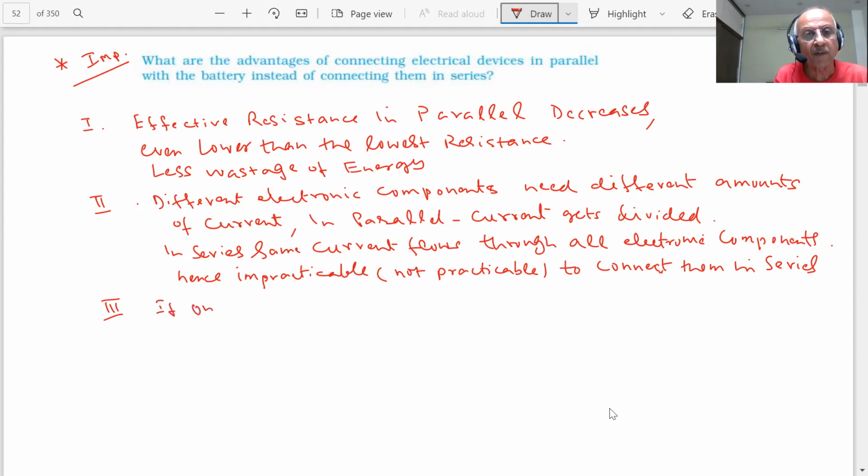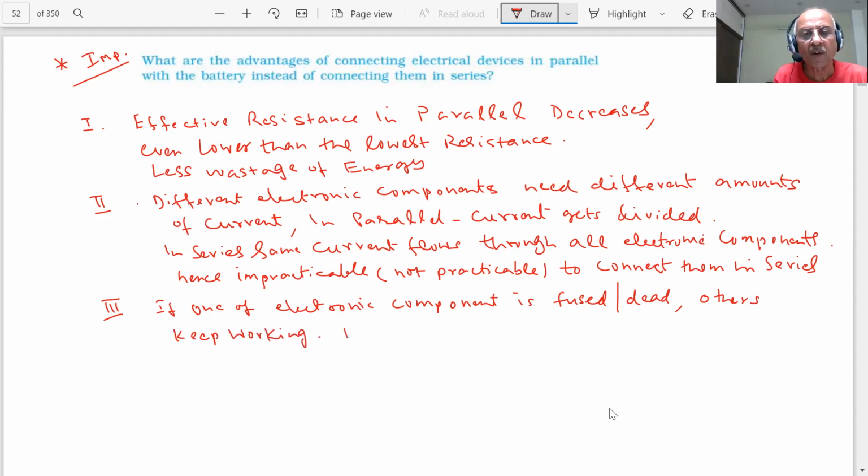If one of the electronic components is fused or dead, others keep working, and fault finding is easy. And we can easily replace the tube which is fused, student.